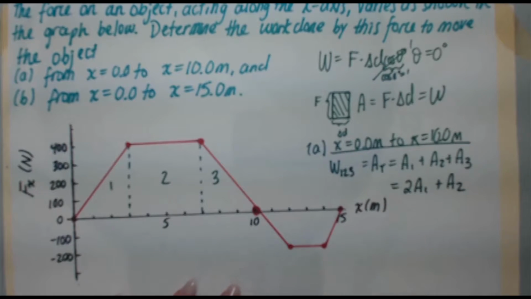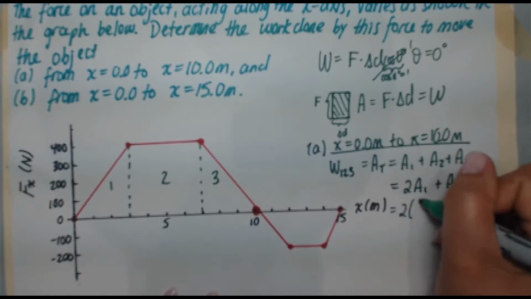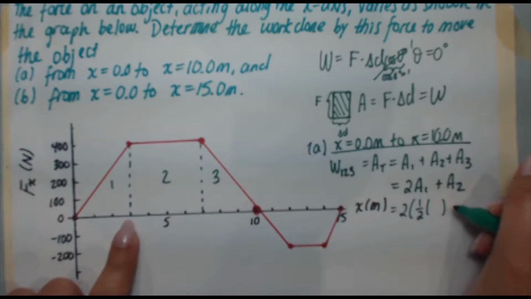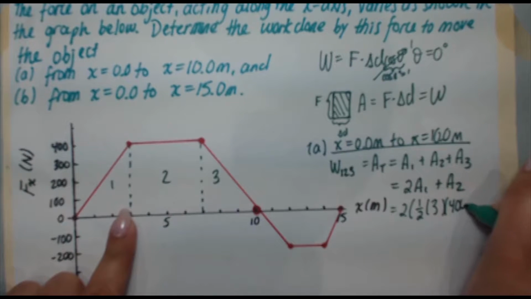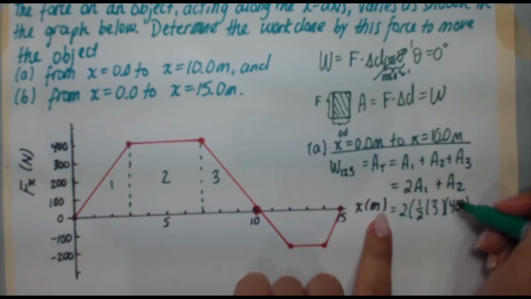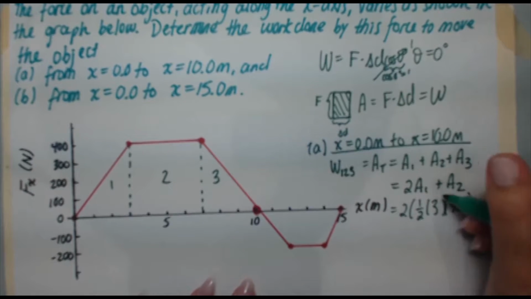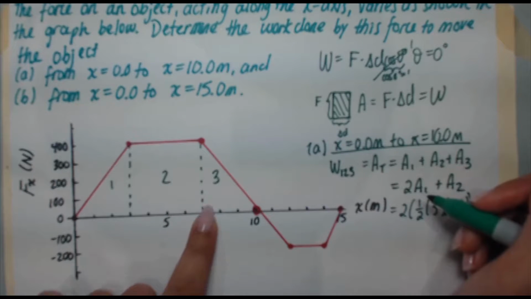So 2A1 plus A2. Now A1 is a triangle, so we know the area of a triangle is 1/2 the base times the height. The base is 3, the height is 400. Just to be sure our units are fine, we have meters and newtons, so we don't need to do any conversions. A2 is a rectangle, so it's just base times height.